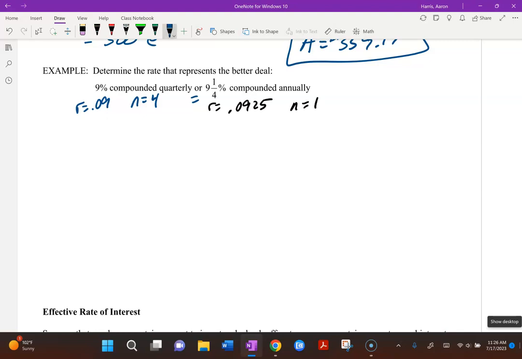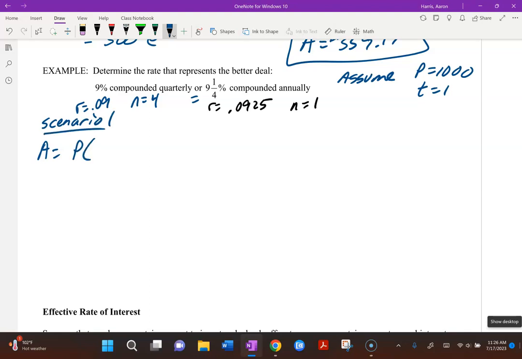Well, let's go ahead and do both scenarios. We'll assume, and we'll put numbers in, that we put in $1,000 and we'll just do it for a year. And now tell us which one's a better deal, right? So let's do scenario 1. This is the 9% compounded quarterly. So let's go ahead and write the compound interest formula again.